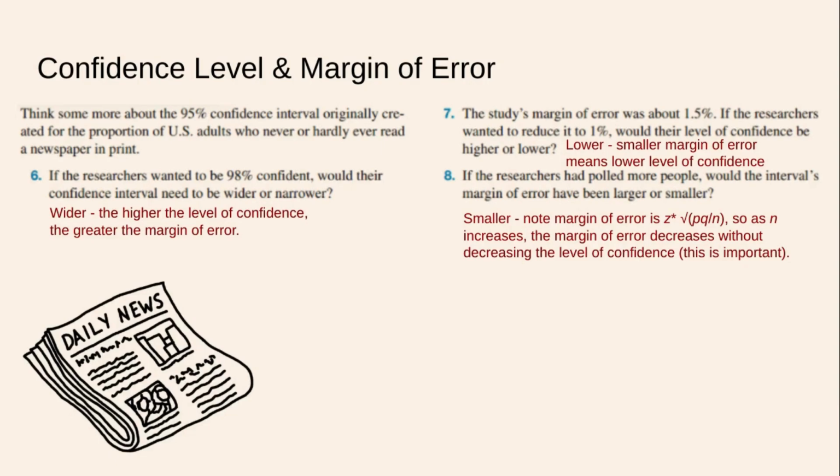So as n increases, since n is in the denominator, even though it's in a square root, doesn't matter, n is in a denominator, the margin of error is going to decrease. If you increase a denominator, regardless of whether it's in a square root or not, you are decreasing a value on the whole. So the margin of error decreases without decreasing the level of confidence.